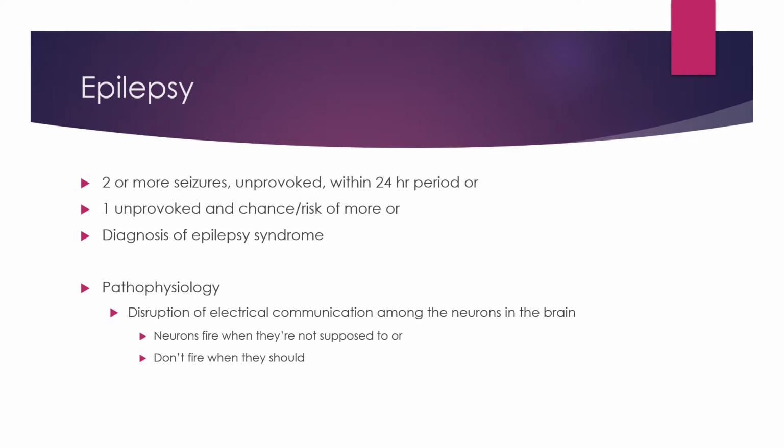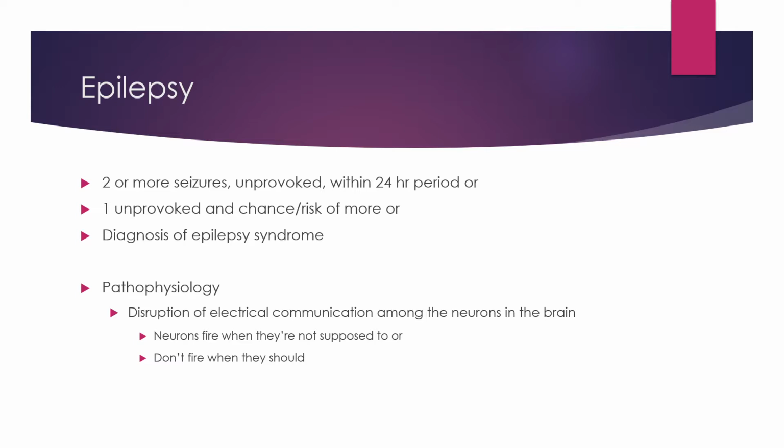So here's the definition then. 2 or more seizures unprovoked within a 24-hour period, or 1 unprovoked seizure and a chance or risk of more. So chance or risk categories would be based on either some trauma to a certain area of the brain where we think there's a high suspicion of seizure disorder, or genetic condition that puts them at higher risk for having a seizure disorder.